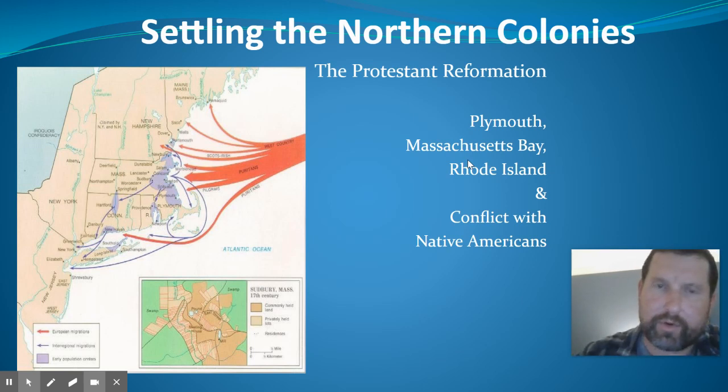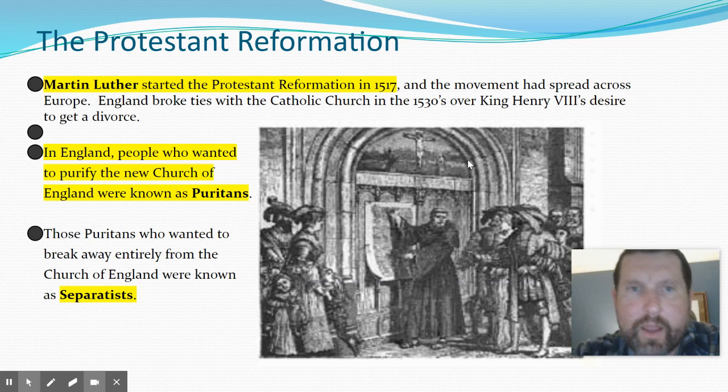Let's talk about New England, okay? We go back to the Protestant Reformation. The population that wants to purify the Church of England, okay, are known as Puritans. And a lot of them are known then as separatists, right?